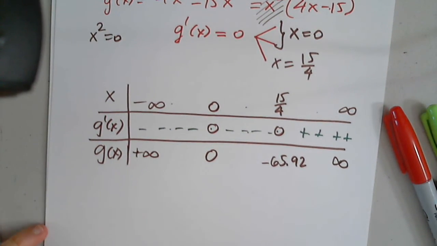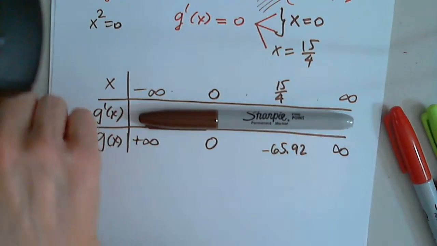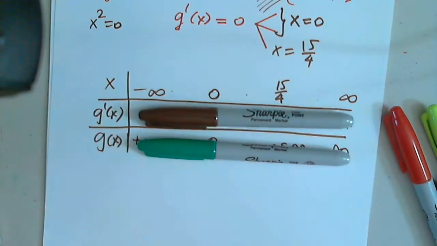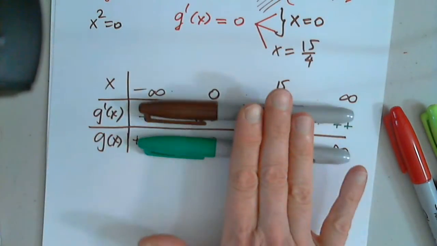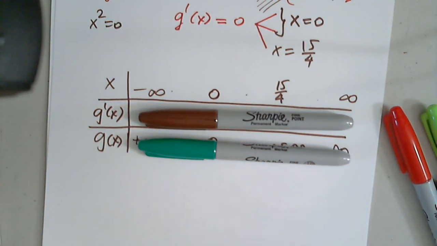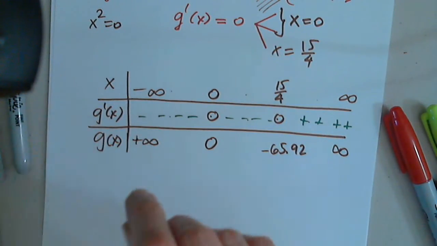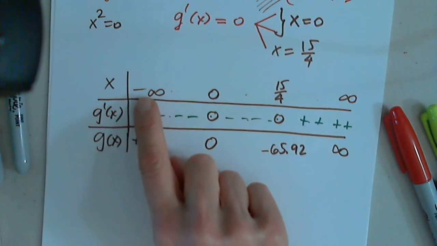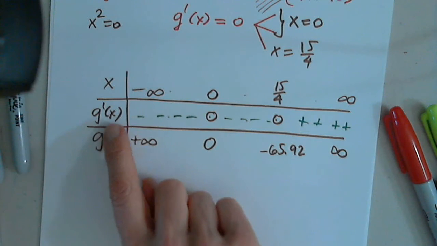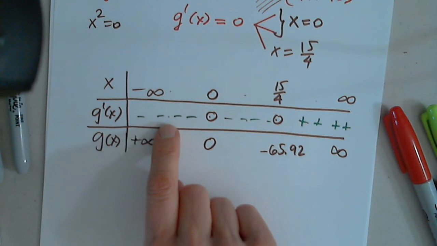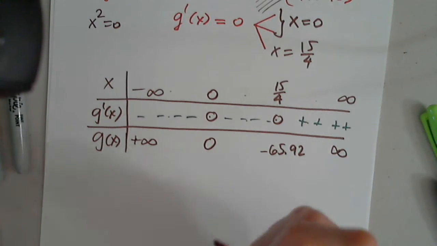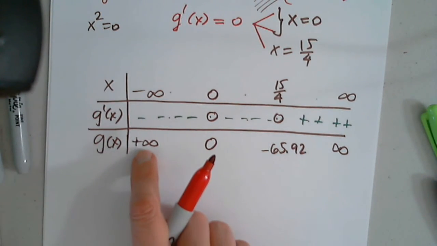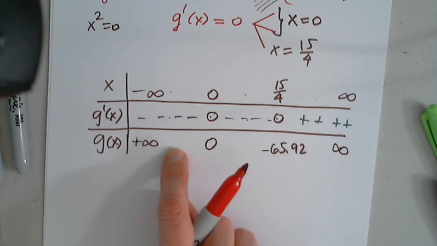Now remember, we do not draw conclusions before we make sure that these two rows cooperate. This is the point in time where I check and I realize if I have any errors. So what does the function do between negative infinity and 0 because its derivative is negative? Goes down. Good. Is it true from positive infinity to 0, does it go down?